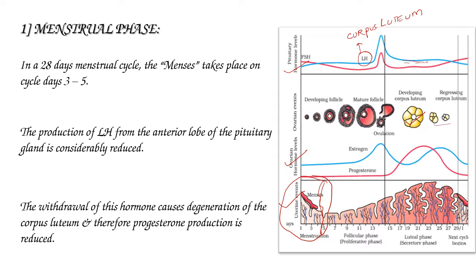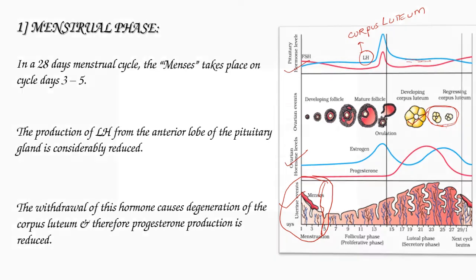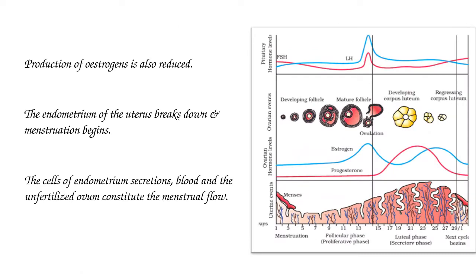When the corpus luteum degenerates, it reduces the production of progesterone. The production of estrogens is also reduced. The endometrium of the uterus breaks down and menstruation begins.